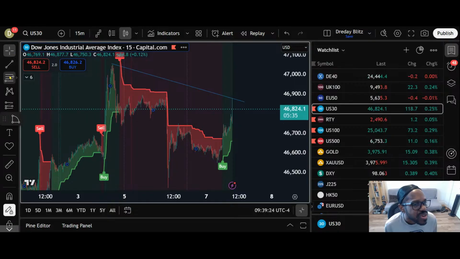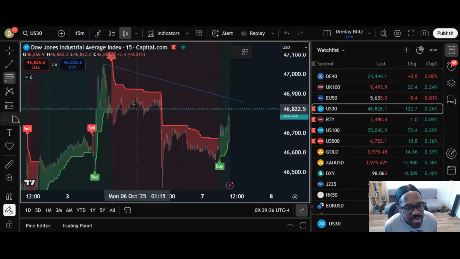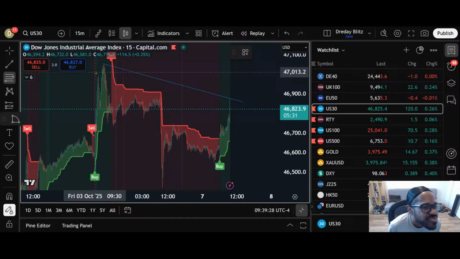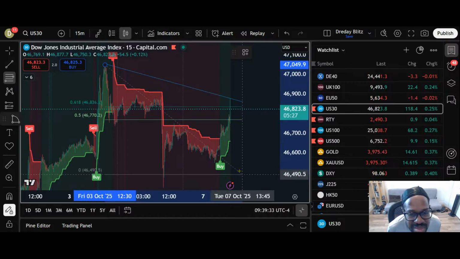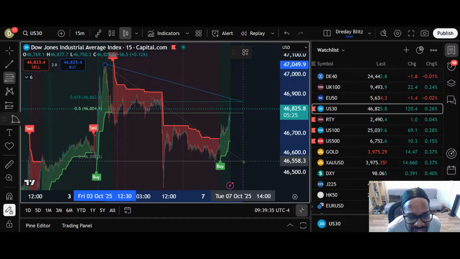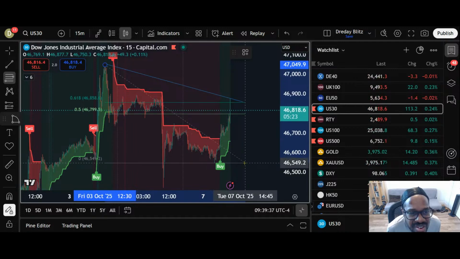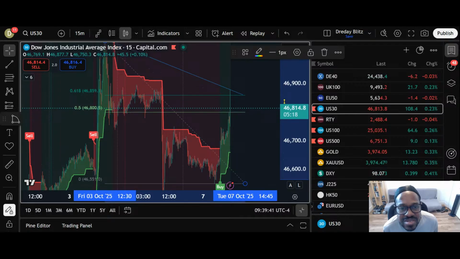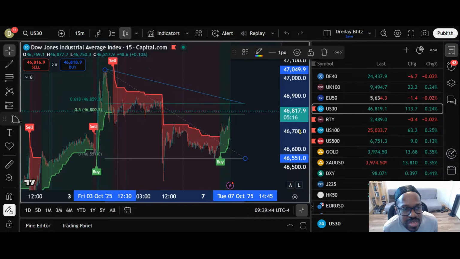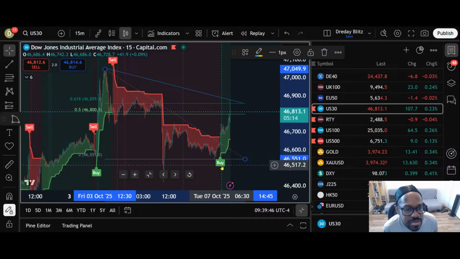And if you want to have more confirmation, you could put a fib from that swing high to that swing low. So we'll do that. Swing high to that big swing low right here. Boom. As you could see, that's a 61.8 retracement off of that big swing, from here to here.